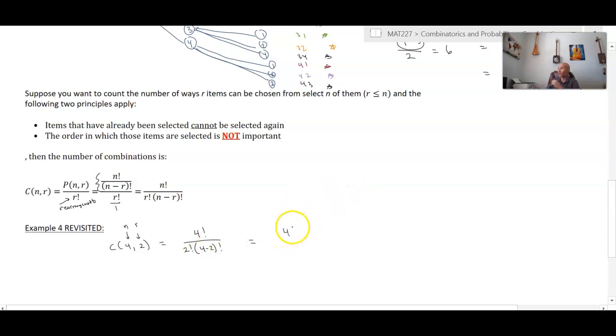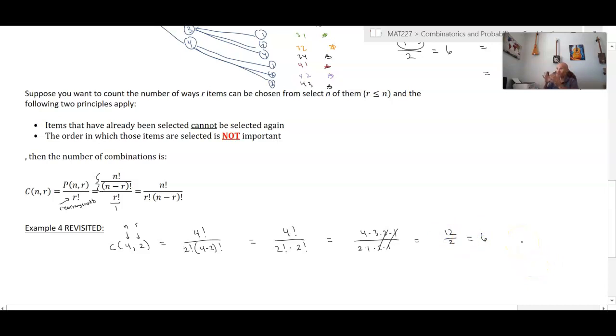So this is 4 times 3 times 2 times 1 divided by 2 times 1 times 2 times 1. I could cancel out that pair, and notice I have 4 times 3, which is 12, divided by 2 gives me 6.